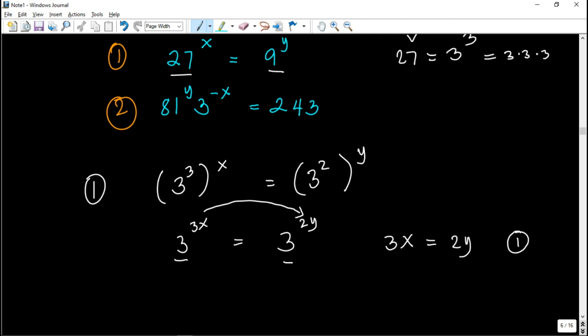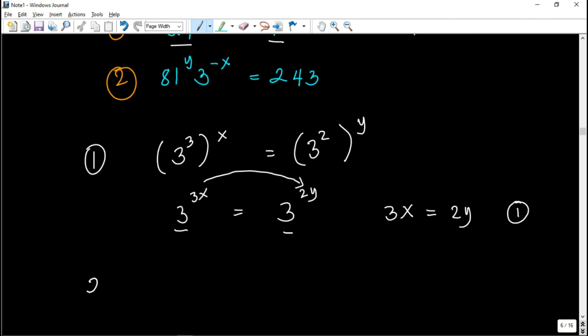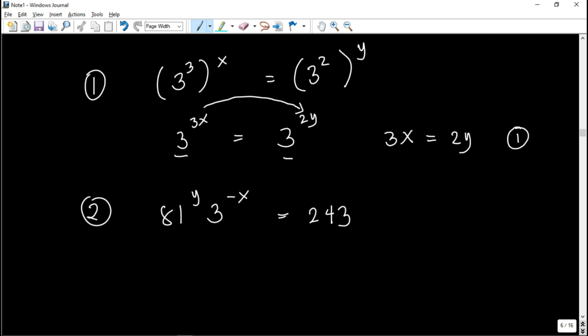Okay. Let's go to the second equation. So, from the second equation, we have here 81 raised to y times 3 raised to negative x is equal to 243. Again, here, 81 can be expressed as a base of 3. Okay? So, that is 3 raised to 4.